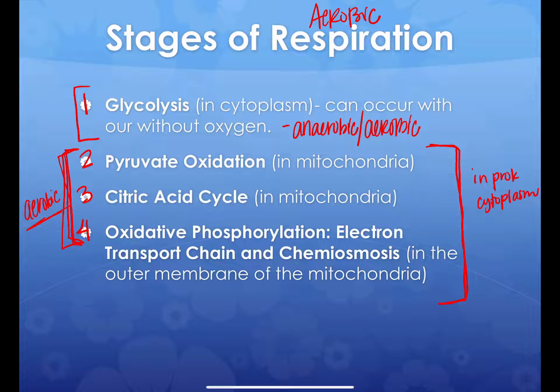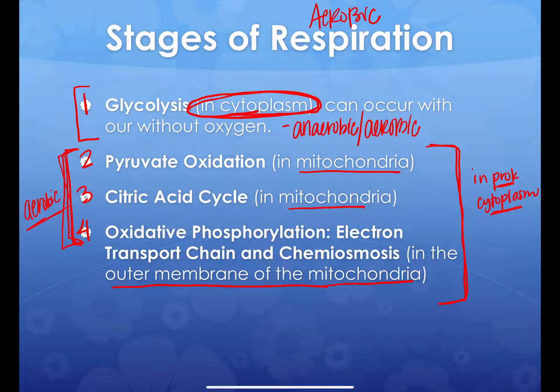So the first step of respiration, glycolysis, happens in the cytoplasm for everyone, okay? Prokaryote or eukaryote. In a eukaryote, the remaining 3 steps happen in the mitochondria. In a prokaryote, those steps will occur in the cytoplasm. Now, this last step, step number 4, it says it happens in the outer membrane of the mitochondria.